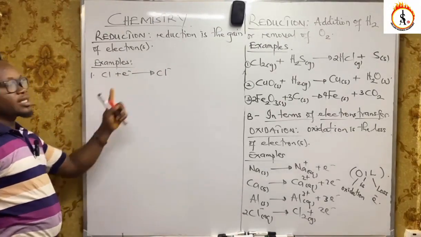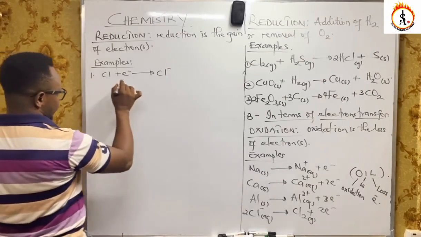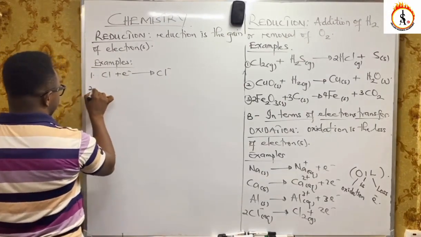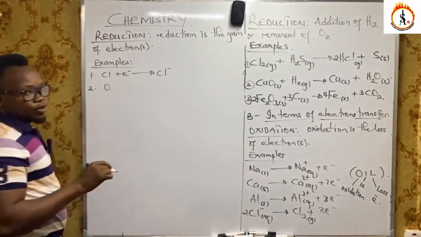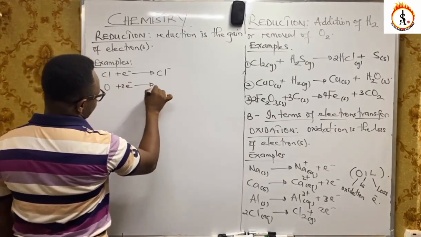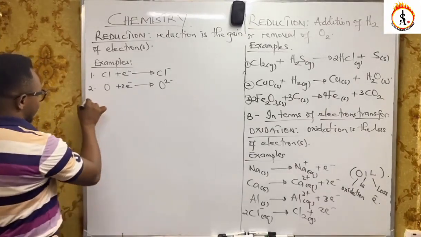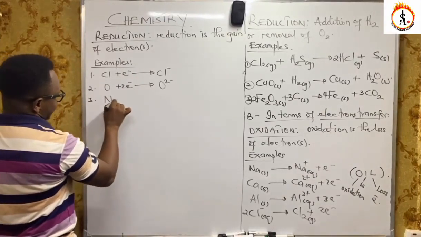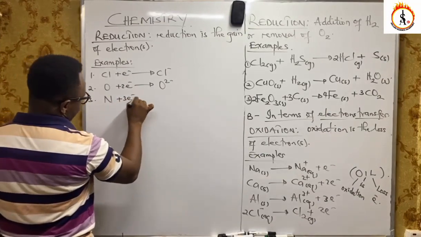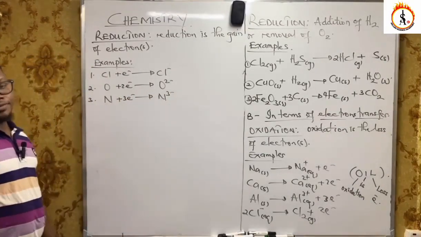Okay, so in this case, we have electrons being gained, chlorine gaining one electron. Second example, we can look at the oxygen atom gaining two electrons to become the oxide ion. We can also look at the nitrogen atom gaining three electrons to become the nitride ion.